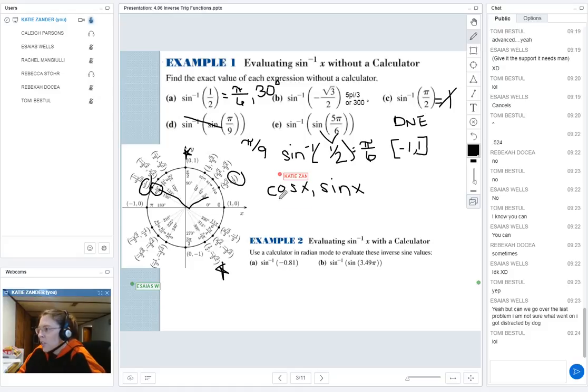All right, use your calculator for part A and B. When you have a value, go ahead and put it on the whiteboard. Let's make sure we can get our calculators working properly.